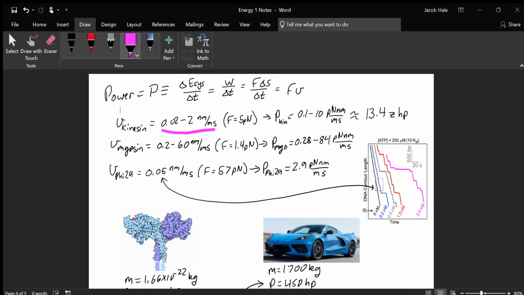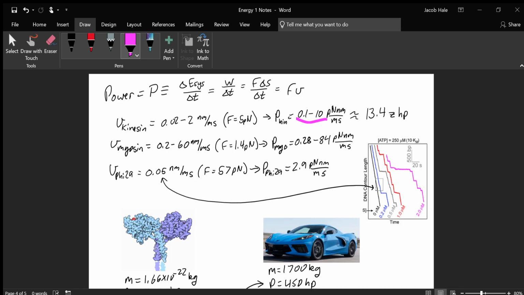I chose nanometers because that's our characteristic size, and milliseconds is the characteristic time of molecular interactions, microsecond to millisecond, depending on what we're talking about. Remember, the force it applies is about 5 piconewtons. If we apply this equation, the power is about 0.1 to 10 piconewton nanometers, that's the energy side, per millisecond.